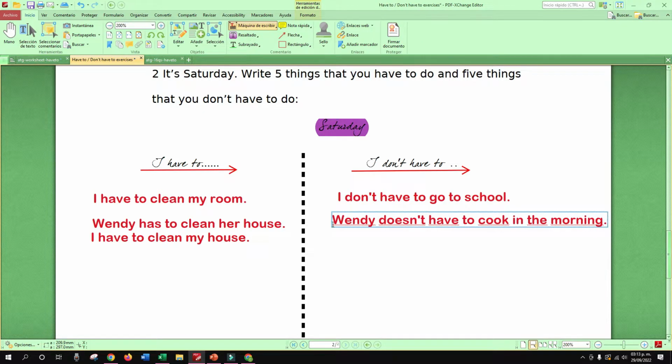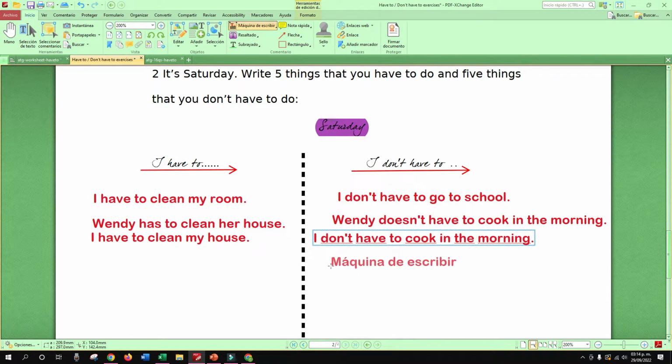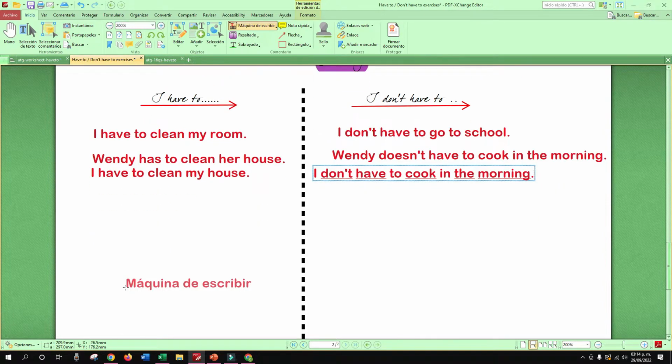In the morning. Or you can say, I don't have to cook, right? That will be different. In the morning. Perfect. Excellent. So, Wendy doesn't have to cook in the morning, or I don't have to cook in the morning. Excellent. Another volunteer?